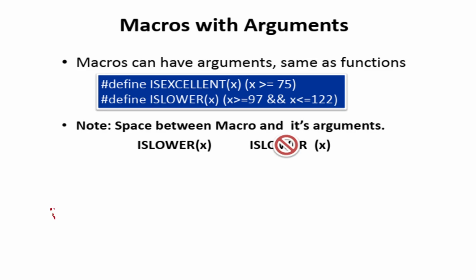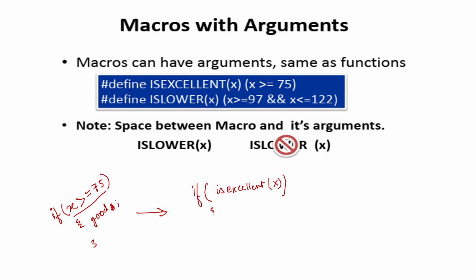We can write that if x, suppose x is the student's marks, is greater than or equal to 75, then he is good. I mean printf good. I'm not writing printf anyway. Now instead of writing in this way, I can write it like if is_excellent within x, good.